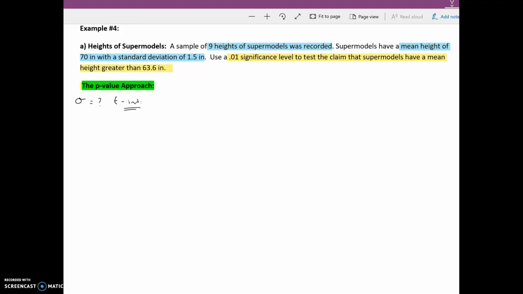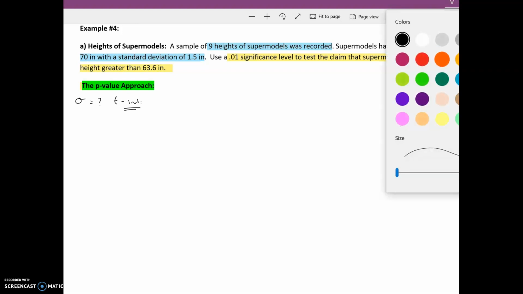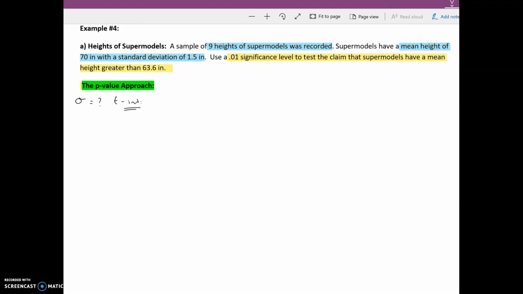Okay, let's take a look at the information of the sample that we're given. So from the sample, we're given that n is equal to 9 subjects, and they have the mean height of 70 inches with a standard deviation of 1.5 inches.